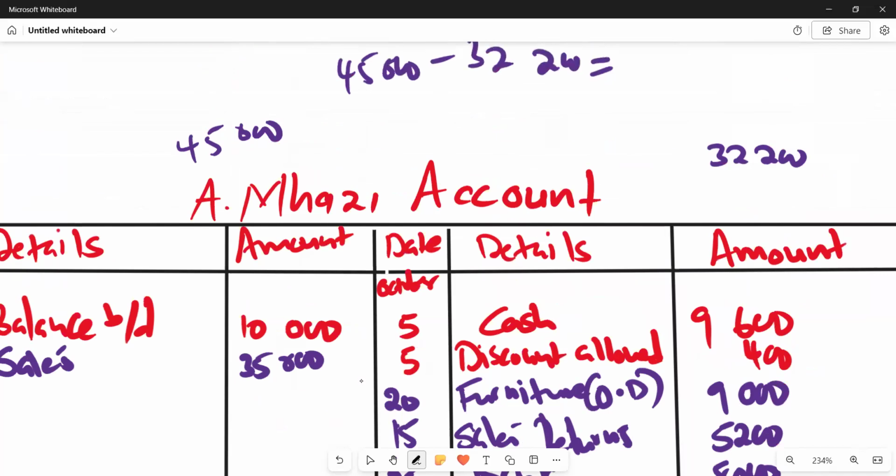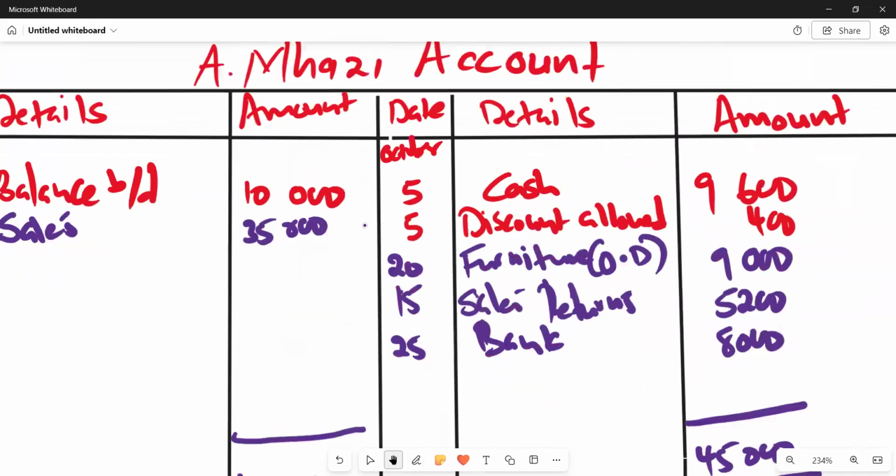Do it correctly and you are supposed to get a difference of 12,800. This 12,800 is supposed to go to the side with the smaller total as the balance CD. The side with the smaller total is the credit side with 32,200. So that's where you're going to have your balance CD with 12,800.